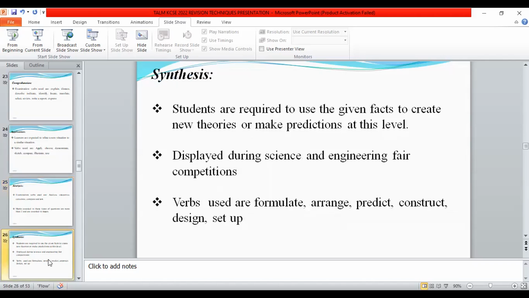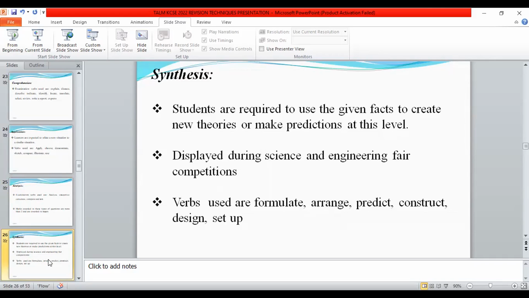When we are talking about the synthesis level of cognitive domain, we are saying that the candidate should be able to bring together parts of knowledge in order to form a whole and build relationships from that new situation. So students are expected to use the given facts to create a new theory or to make predictions at this level.